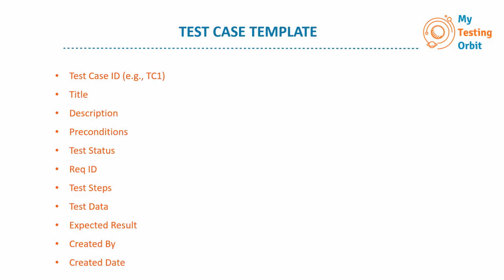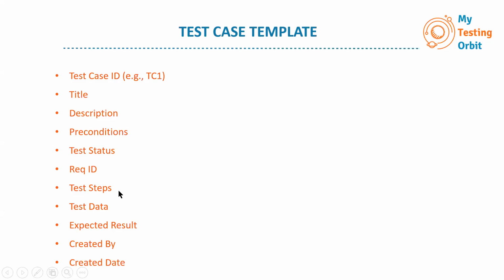When we are writing test cases, each and every test case needs to be mapped, or traced, to a requirement, so that we can make sure we have covered all the requirements through our test cases. So there must be a requirement ID. If we have a user story, then of course we can map it with that. Every test case needs to be mapped with a requirement.